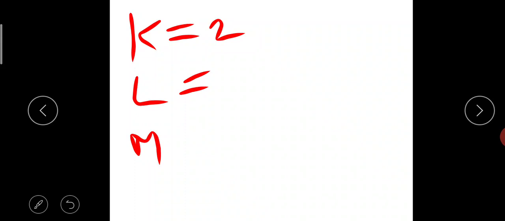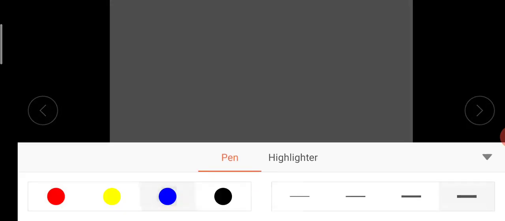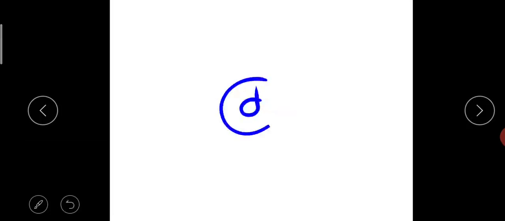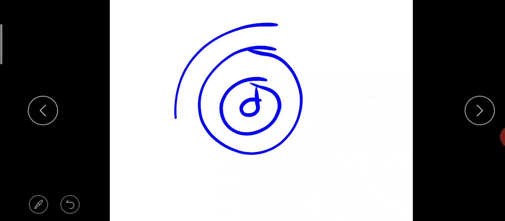So K, L, M. In the K shell it is going to have 2 electrons. The atomic number is 11. Remember, the L shell can hold a maximum of how many electrons? 8. So 8 plus 2 is 10, remaining 1. Okay, so the electronic configuration is 2, 8, 1. So we have to draw the shells now. So nucleus, first shell, second shell, third shell.